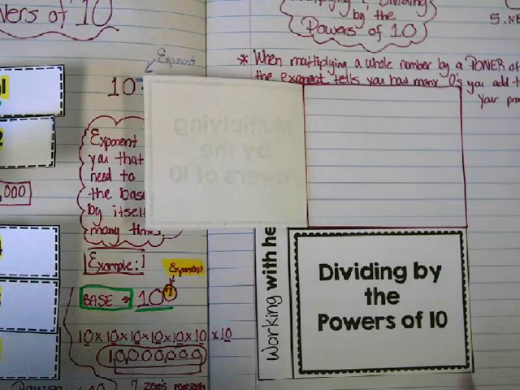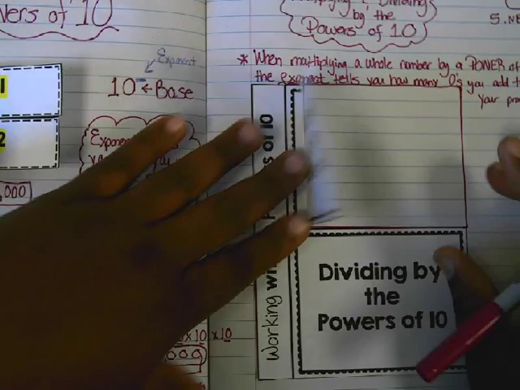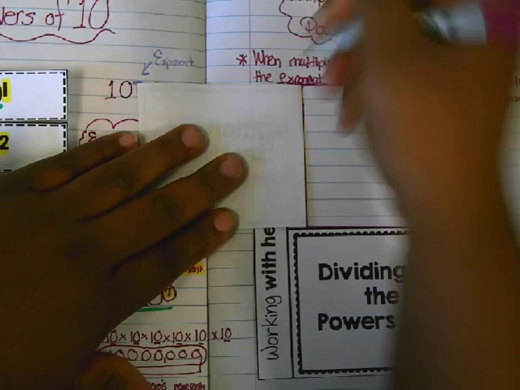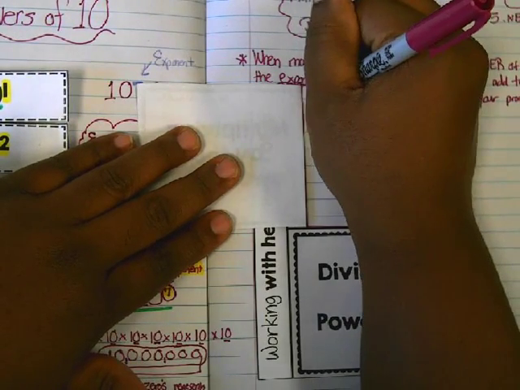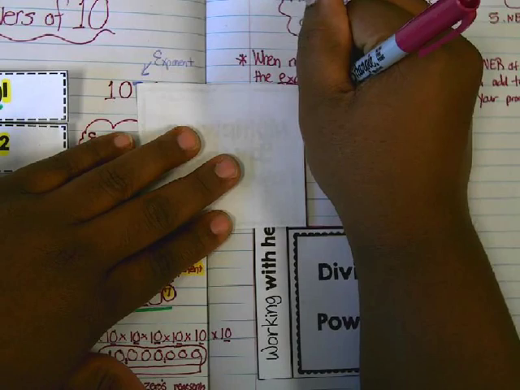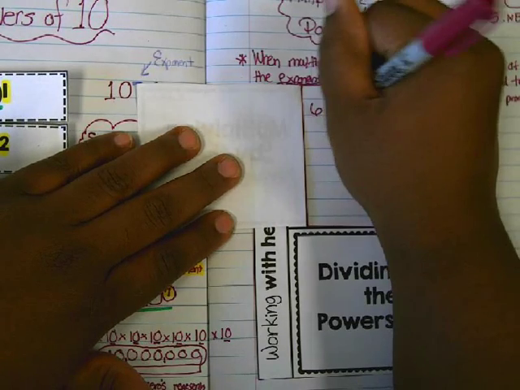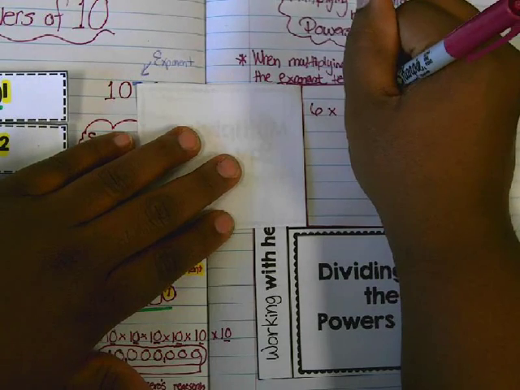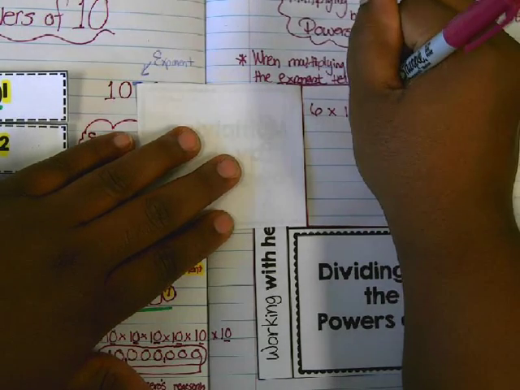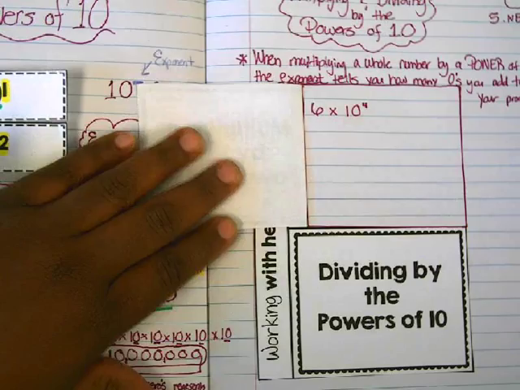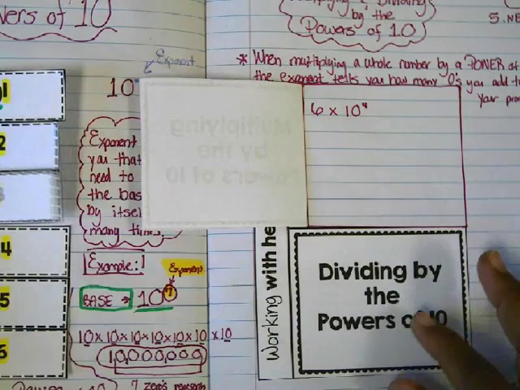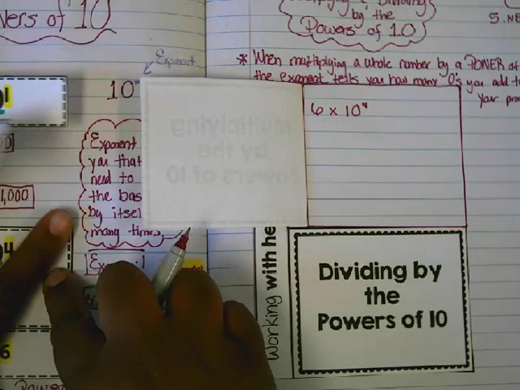All right. So multiply by powers of 10. Let's say, for instance, we have the whole number 6. And we're going to multiply that whole number by 10 to the fourth power. Now remember, over to our left-hand side, we were starting to see a pattern with our products.